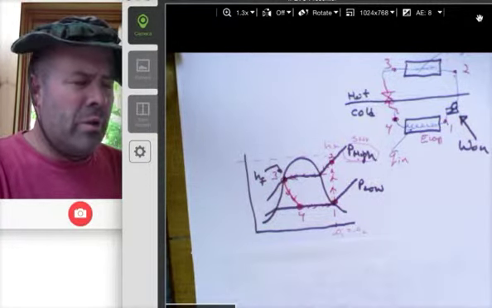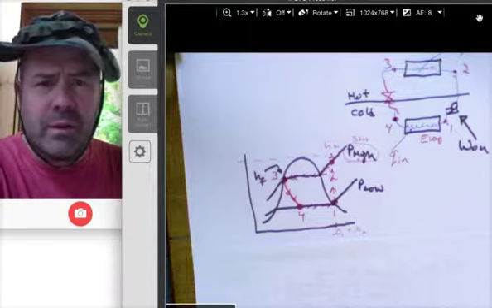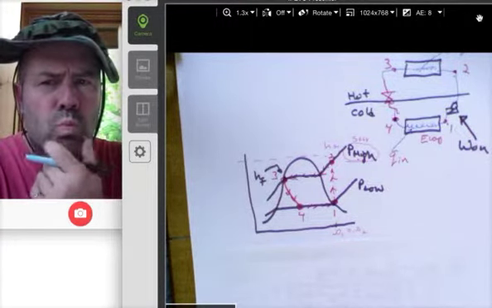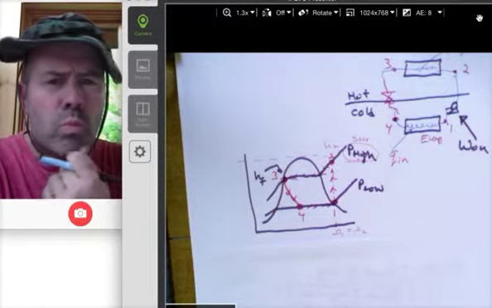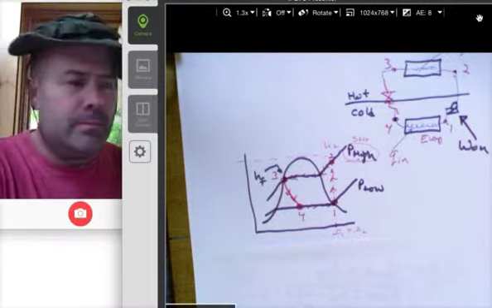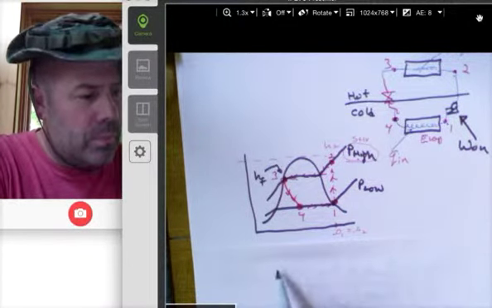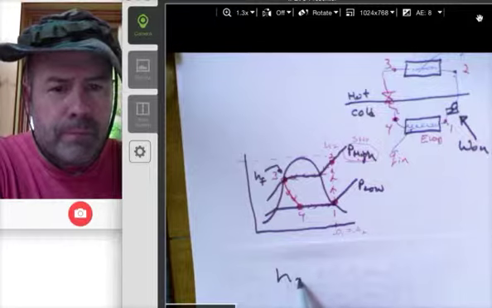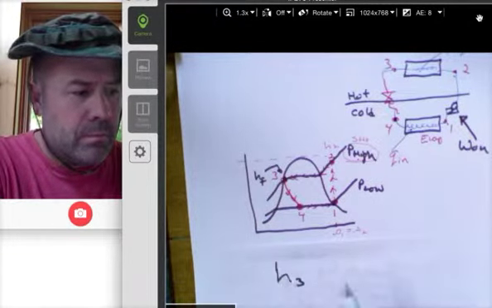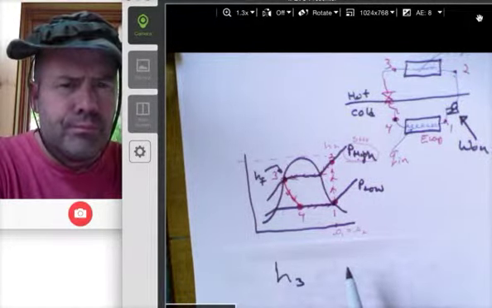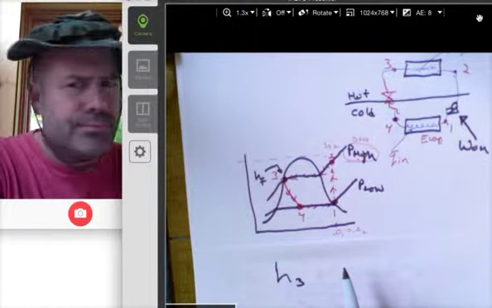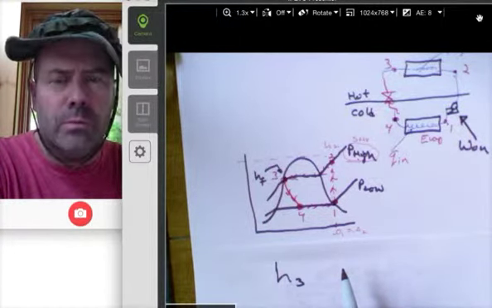What about that expansion valve? Let's write the first law. What goes in? H3. Is there any heat? Nope.